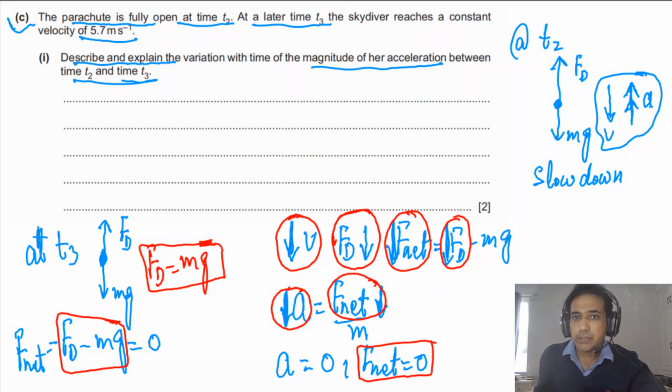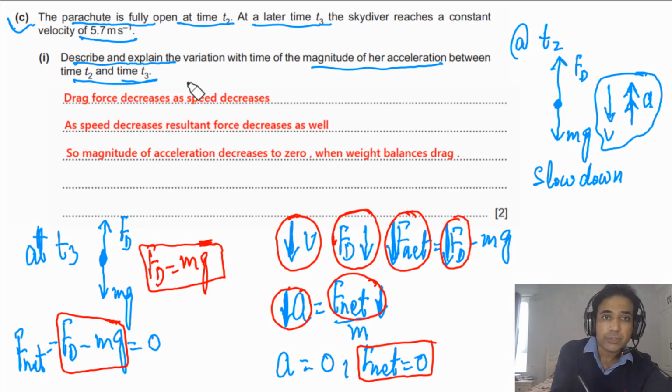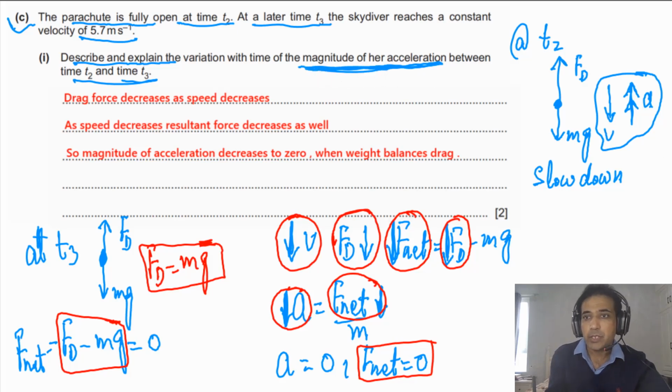Now let me show you the answer, how you can write it. In the answer, we can mention these points. We have to describe and explain the variation with time of the magnitude of acceleration. Magnitude of acceleration is very important. So in this case, magnitude of acceleration with time is decreasing. Then we need to explain why it is decreasing. Because Fnet is decreasing and drag force is decreasing.